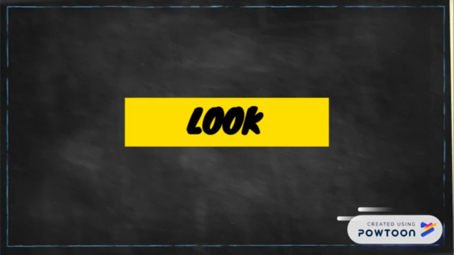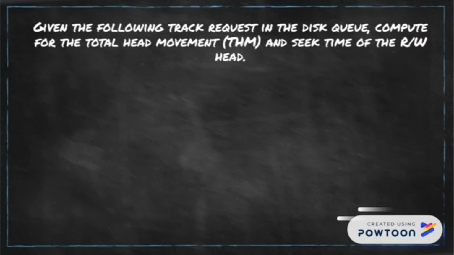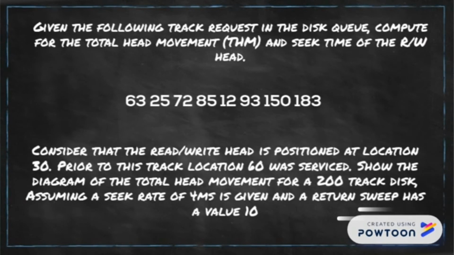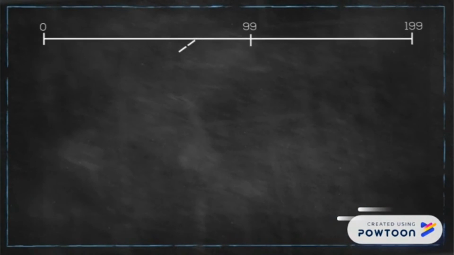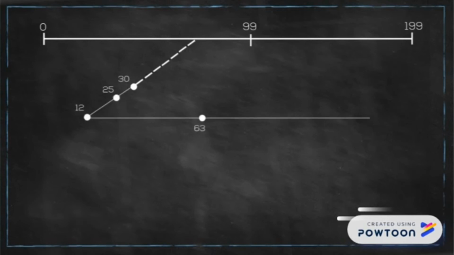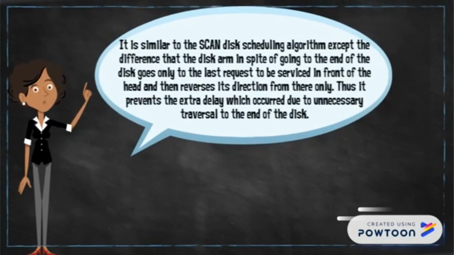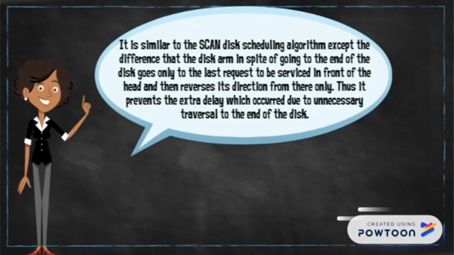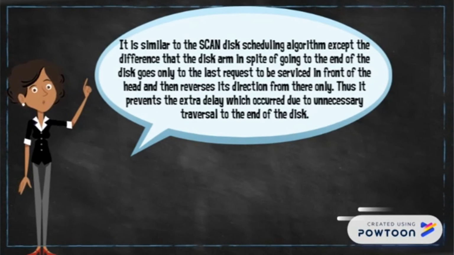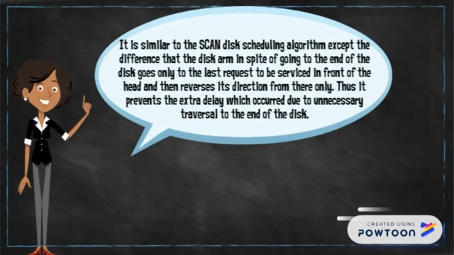LOOK. It is similar to the SCAN disk algorithm, except the difference that the disk arm, in spite of going to the end of the disk, goes only to the last request to be serviced in front of the head and then reverses its direction from there only.